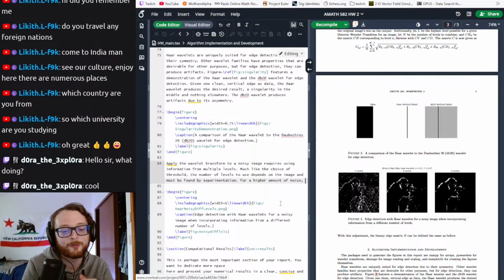Because for the point I want to make here, I think it's better made by the figure I was trying to make that I just gave up on a few minutes ago. I don't know.